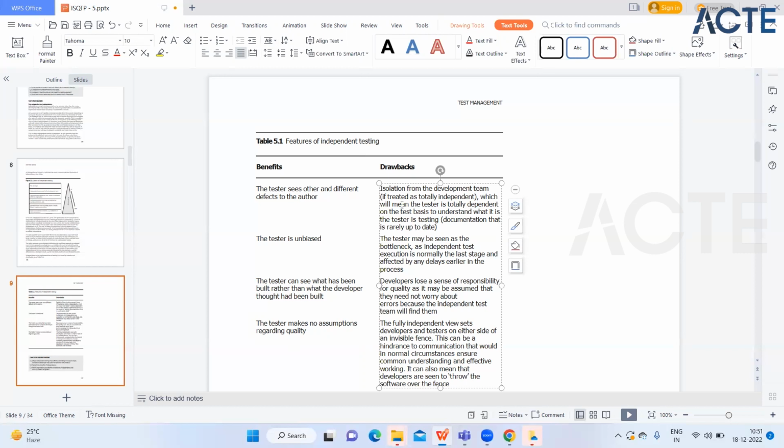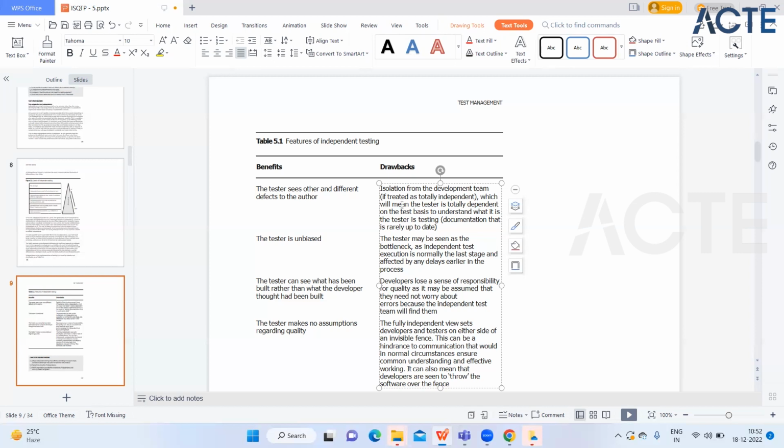So one kind of drawback is that there will be isolation from the development team, because you are doing everything in your independent way. You are not checking the things as per the development team. It's a kind of isolation. You will definitely not communicate everything in the proper way.